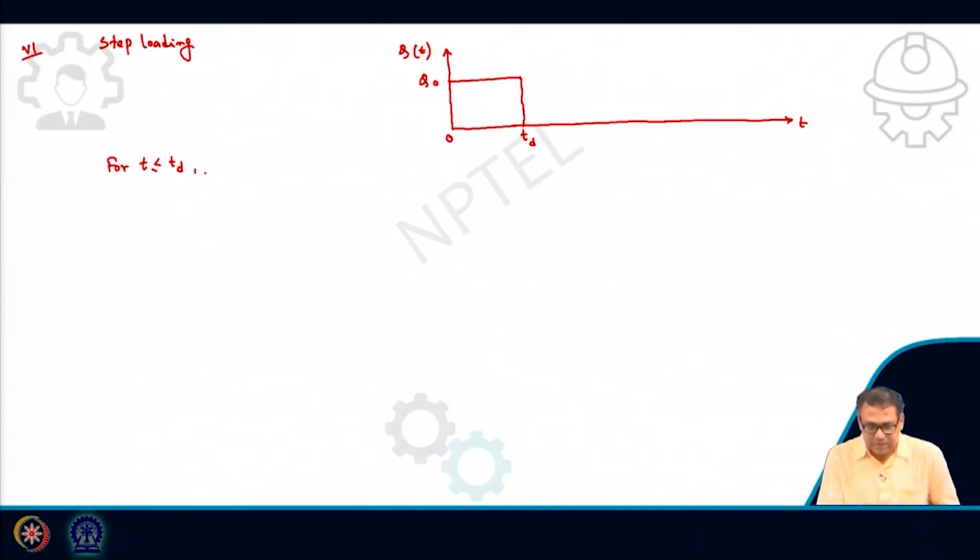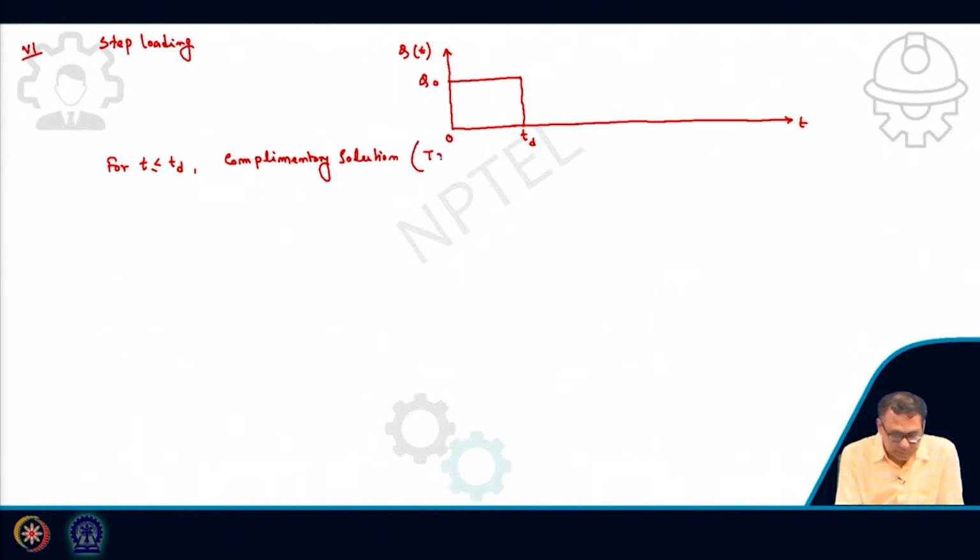Now in this case, from 0 to Td, what would be the transient response or the complementary solution?